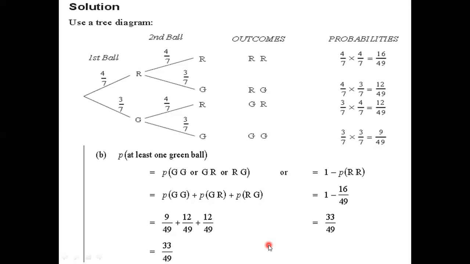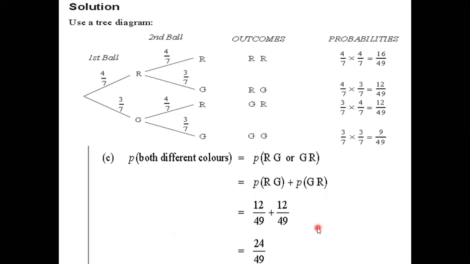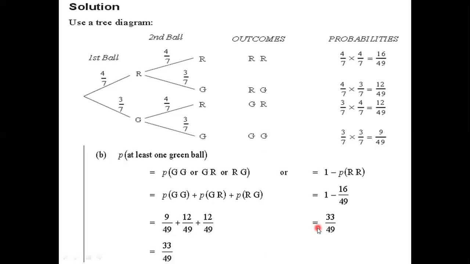Now you will notice that, okay, let me go back. An alternative way of solving this problem would be 1 minus the probability that is red, red. Why is that? The probability of having at least one green. If we divide these outcomes into two parts, we have no green and we have at least one green.